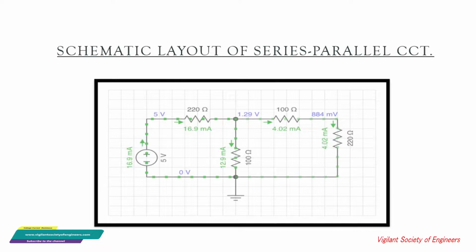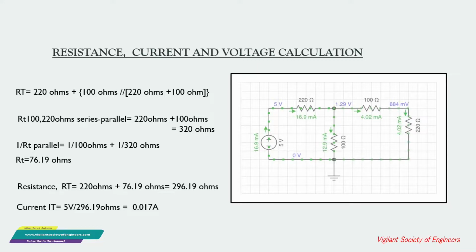If I'm calculating the total resistance within this circuit, I need to break it down into different sections. Starting from my right, I have a series combination of 100 ohms and 200 ohms. Then going to my left, I have another 100 ohm resistor, which is in parallel with the series section.